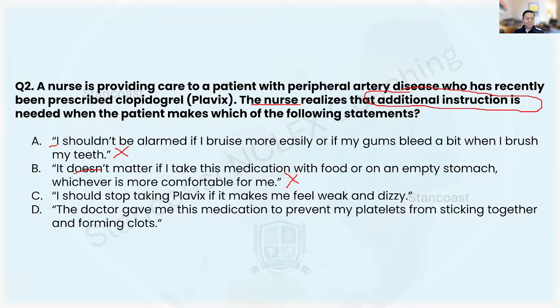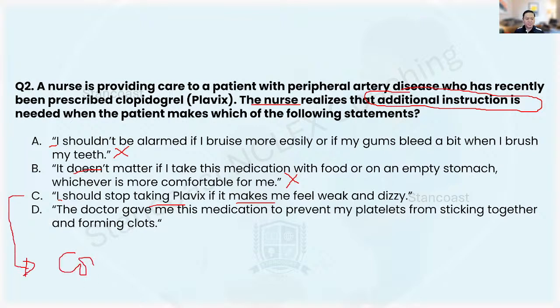Now let's take a look at letter C. I should stop taking Plavix if it makes me feel weak and dizzy. So when they feel these two, weakness and dizziness, you should intervene here. You should re-educate the patient because these are common side effects, okay?